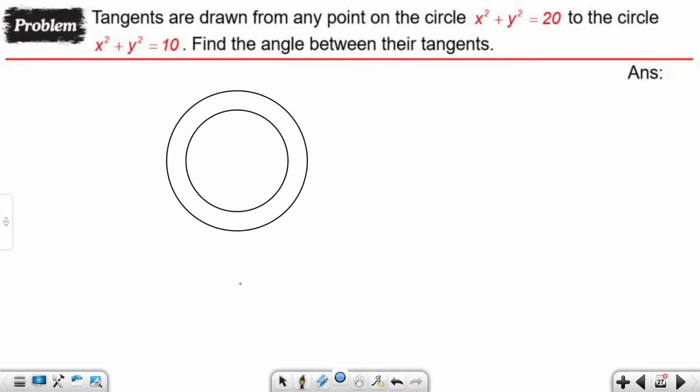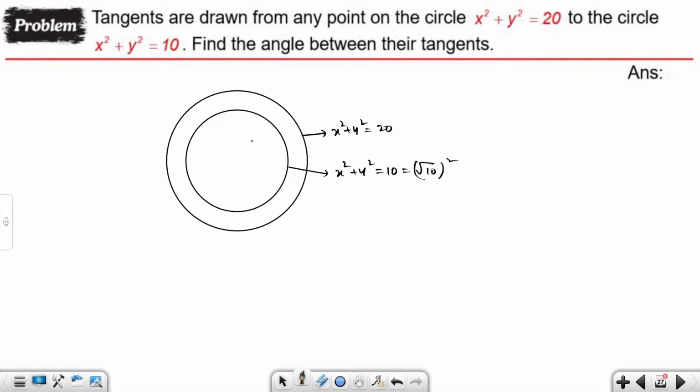So this equation is x square plus y square equals to 20, and this equation is x square plus y square equals to 10. Now we can see that the radius of this circle is root 10.